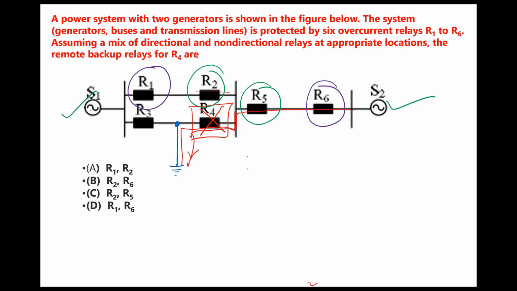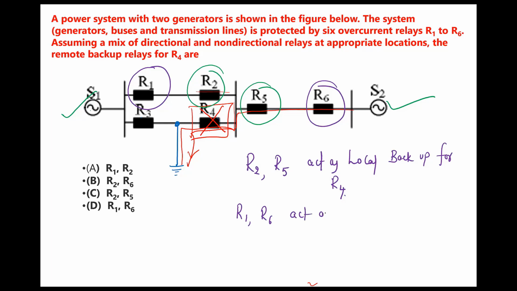So in this case, R2 and R5 act as local backup for R4, and R1 and R6 act as remote backup for R4. Understand? This is a GATE 2016 question.